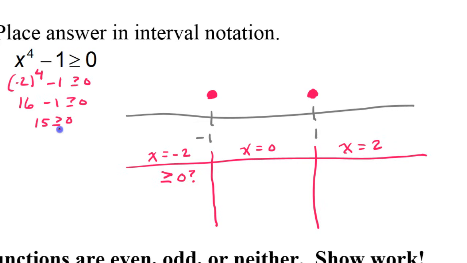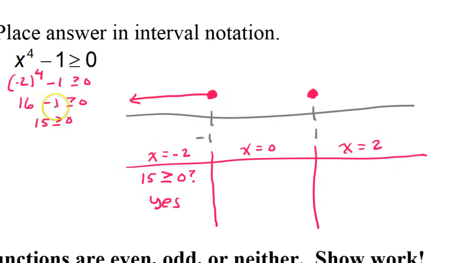So I'm getting 15 is greater than or equal to 0. Is this a true statement? Well, yes, it is. That means -2 is a solution, which means everything in this zone is going to be a solution.